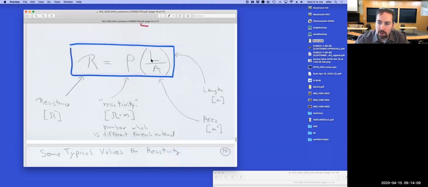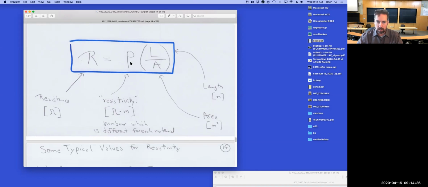So if I have a longer piece of copper than a shorter piece of copper, both of those pieces of copper are going to have the same resistivity, but they'll have different resistance because one of them is longer than the other. And by the same token, if I goof around with the cross-sectional area of that wire, I'm going to get a different resistance number, even though it's made of the same copper and it would have the same resistivity.